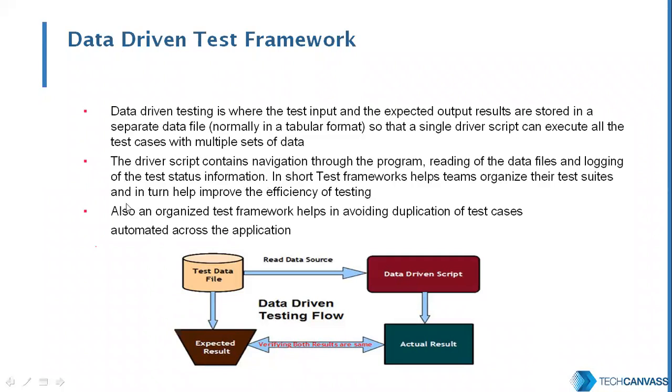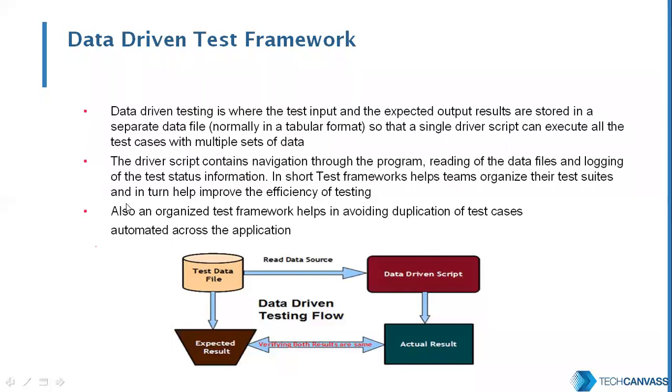So let's move on to the second type of test framework, that is data-driven test framework. Data-driven test framework is a framework wherein we determine the test input and expected output results in a particular object repository. For example, we can have an Excel sheet wherein we define what test data we need for running a particular scenario.